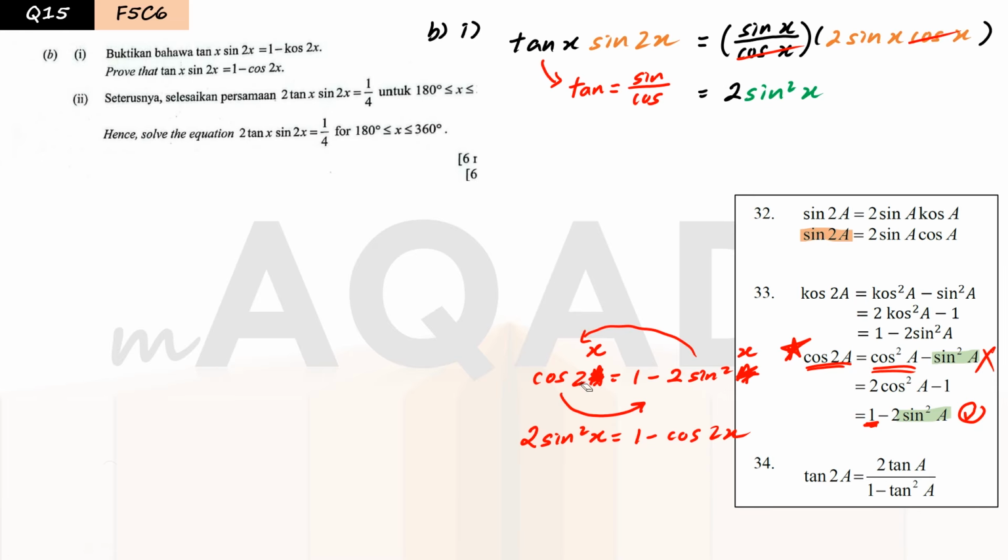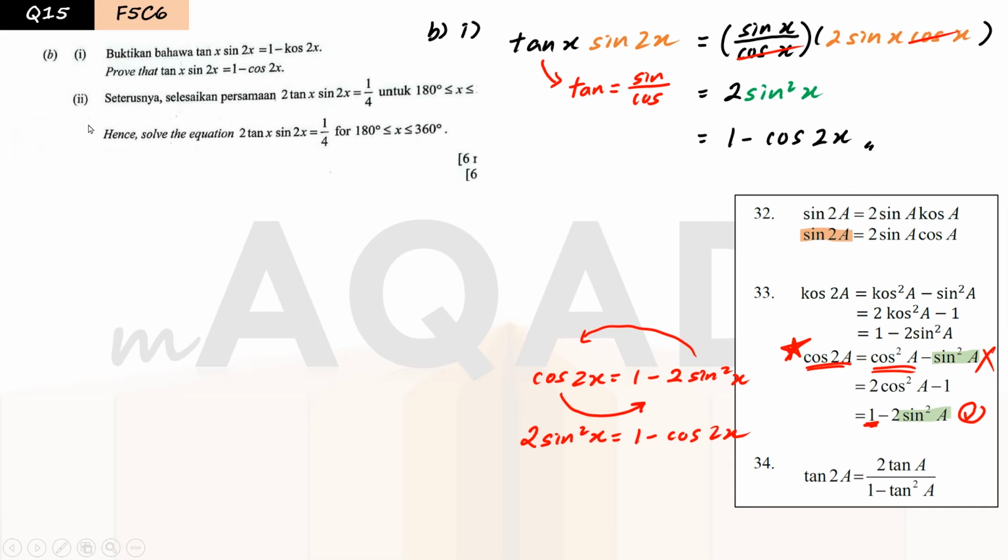Let me rub off this a bit. Now you can see that 2 sine square x, which is the thing that we have now, if we use this formula, it would change to 1 minus cos 2x, which is the thing on the right side.